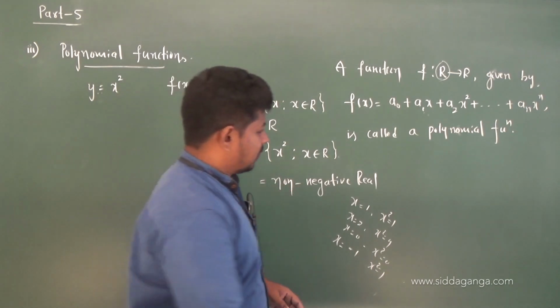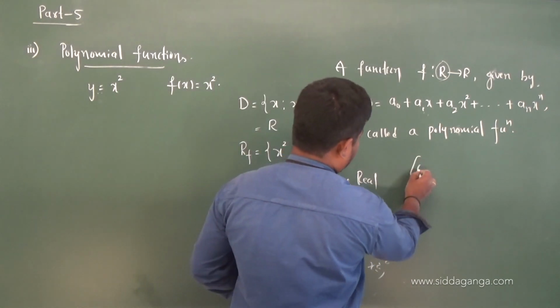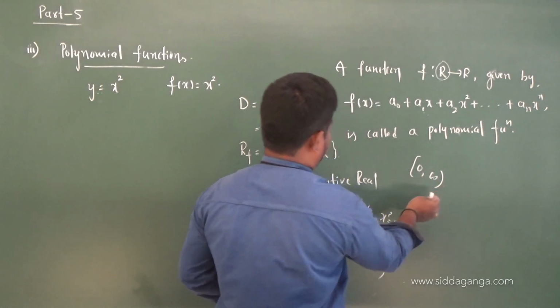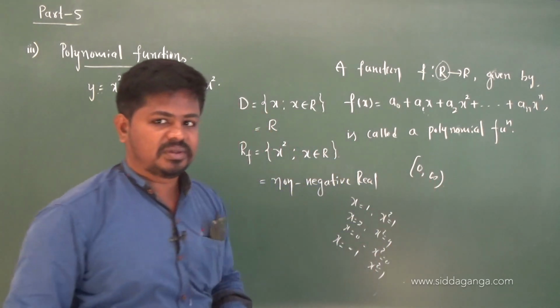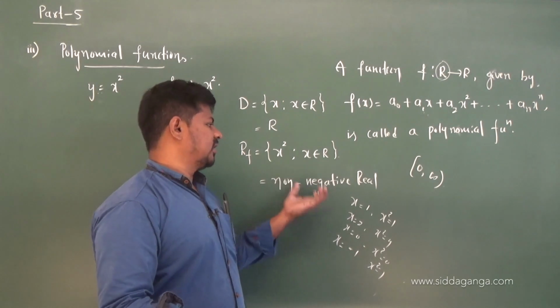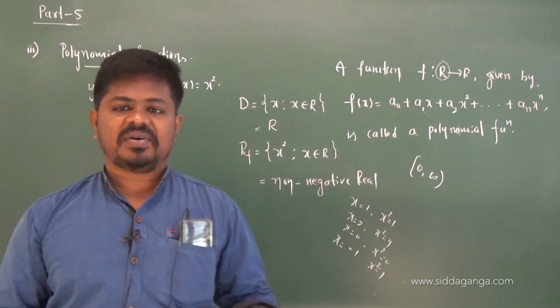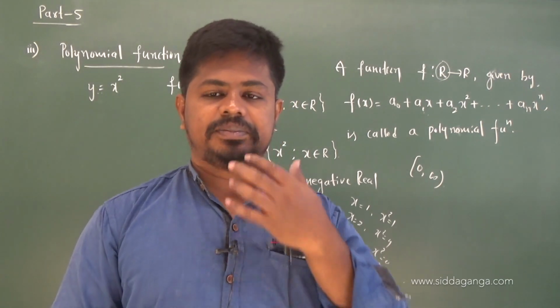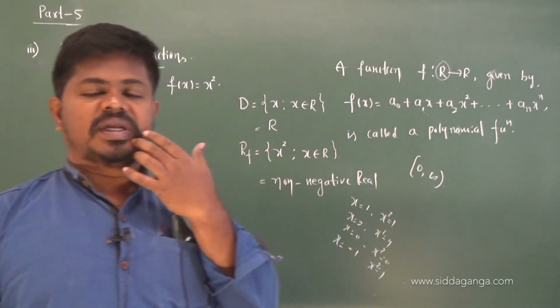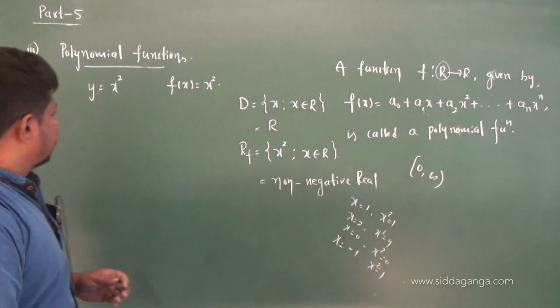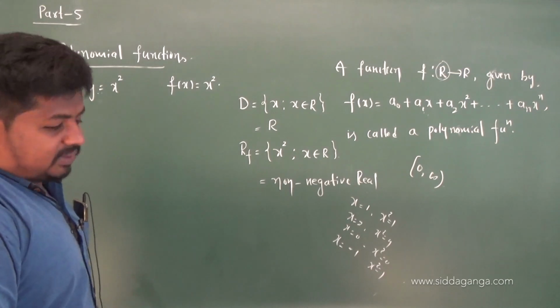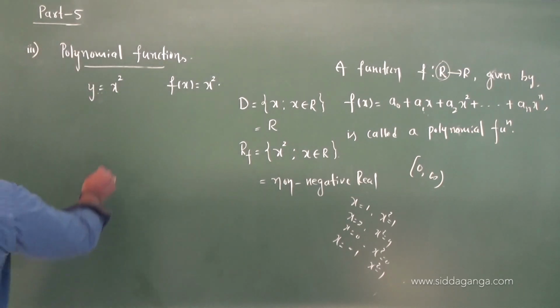Or sometimes we write 0 to infinity, including 0. So both are the same. But if you confuse, write this or this as the range. Set of all non-negative real numbers, including 0. Non-negative in the sense including 0. So, this is about domain and range. Graph will be like this.